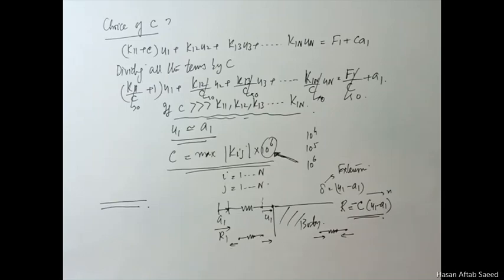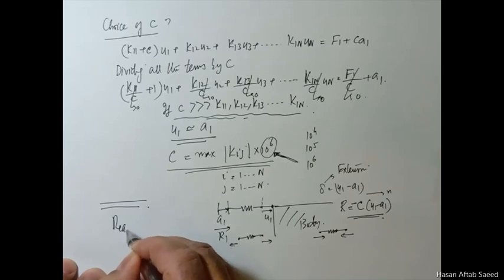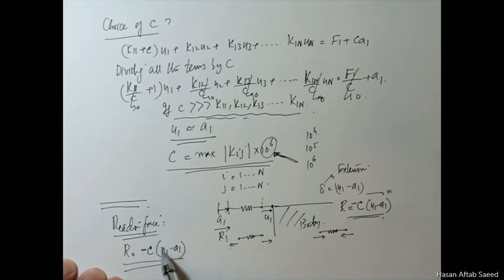So whenever we want to find out the reaction force, irrespective of whether ultimately it's a tension or a compression, your expression for reaction force will always be minus C times U1 minus A1.